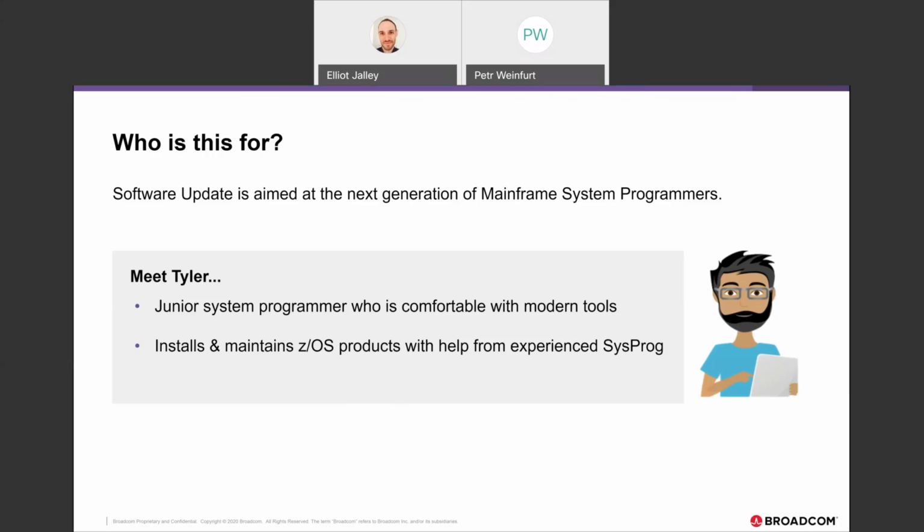So I touched on this earlier. Who is this for? Software update is something that we're aiming at a new generation of system programmers. If you are a user of CSM, you'll note that it's a tool that helped to modernize and simplify the maintenance flow, and not just maintenance, by the way, other functions as well.